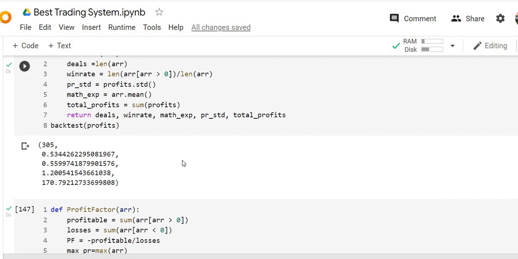The standard deviation is 55%, 56% almost. After that, the mathematical expectation, 120% average. And compounded profit, the total profit from all deals is just, let me say, 17,000 times.